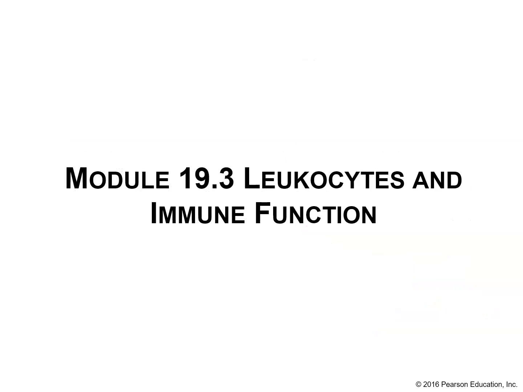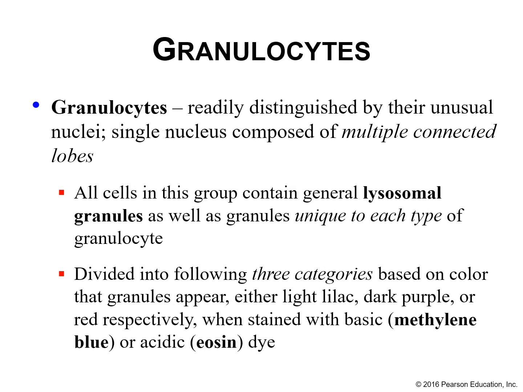Okay, so we've discussed the red blood cells, that portion of the blood. Now let's look at the leukocytes and the immune function. Remember, granulocytes are one type of leukocyte, and they're readily distinguished by their unusual nuclei.